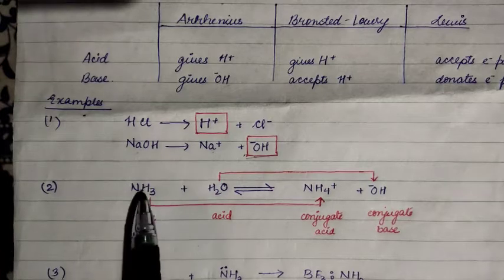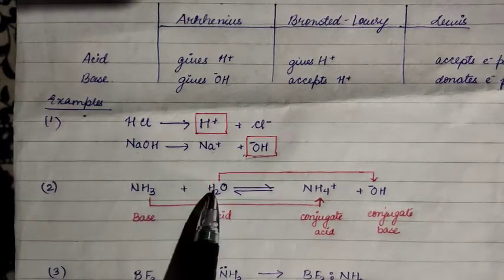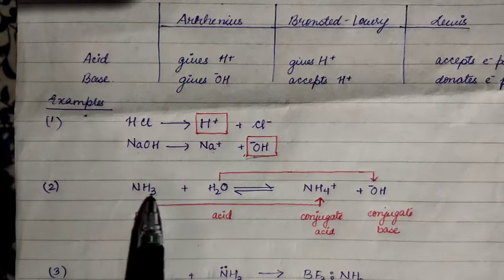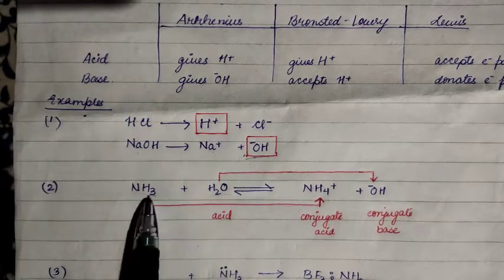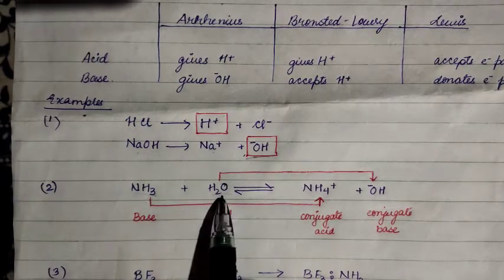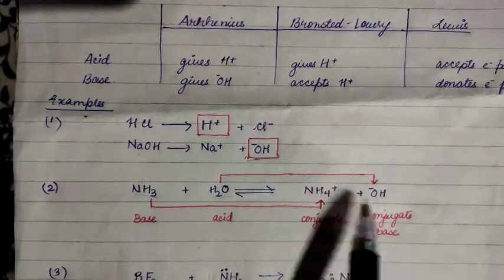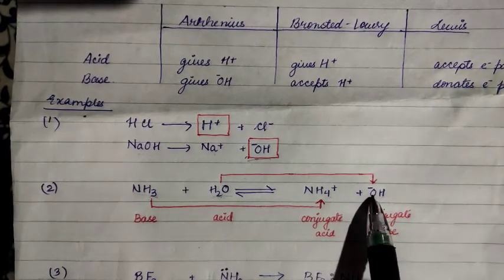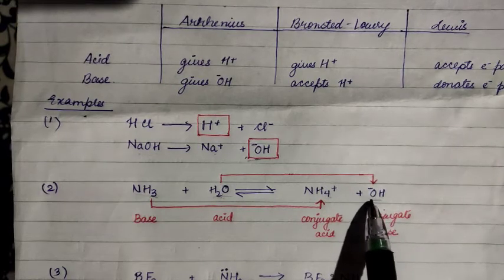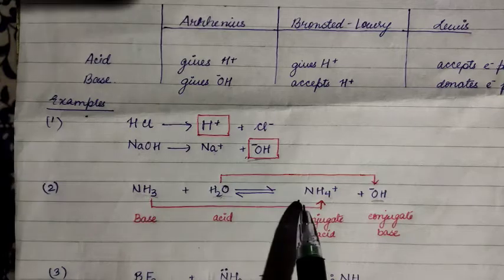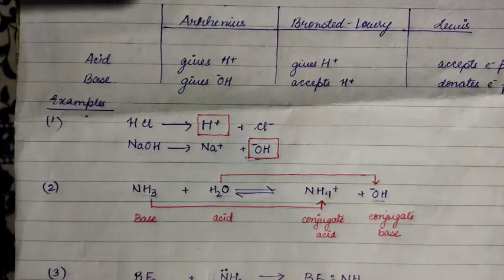Now in the forward reaction, what is happening? NH3 and H2O: out of these compounds, which one is releasing the H positive? From H2O, one hydrogen ion is released, so you are getting OH negative, and the NH3 is accepting that particular H positive.